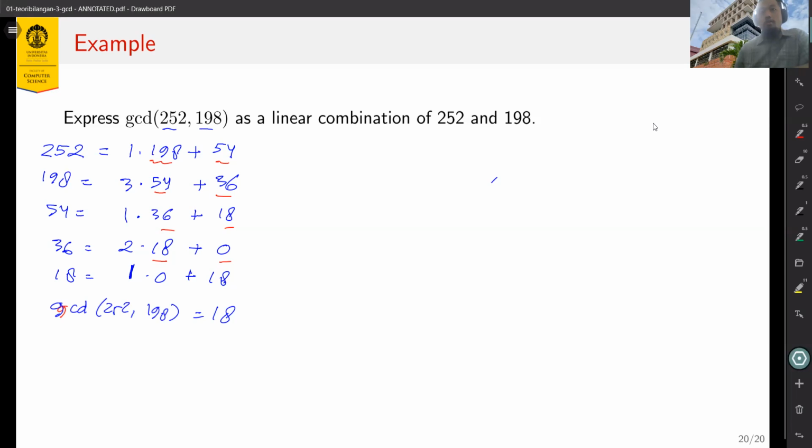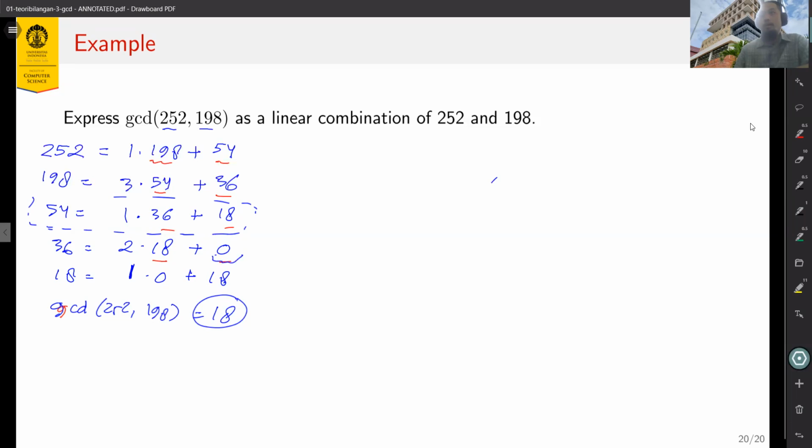Now we want to write this 18 as a linear combination of 252 and 198. How do we do that? We start from the line where 18 appears as the remainder, the line before we get 0 as a remainder.